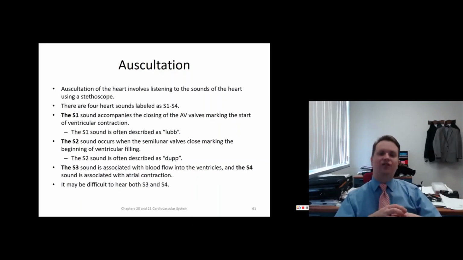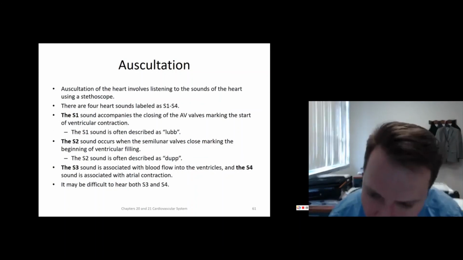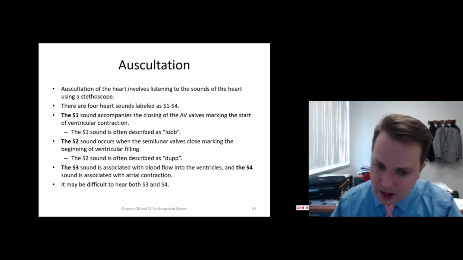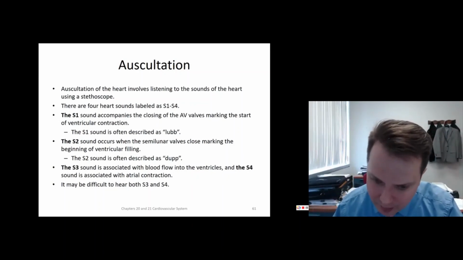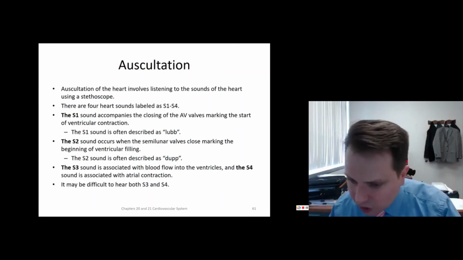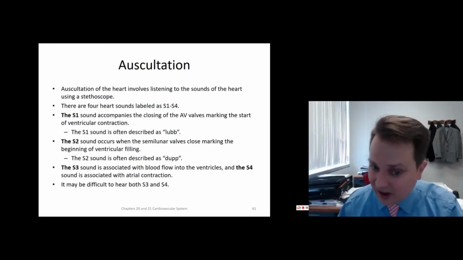S3 is blood flowing into the ventricles. And S4, atrial contraction. You normally never hear these, or they're very difficult to hear, unless there are problems like interatrial septal defects, like an open foramen ovale, interventricular defects, or valve defects.